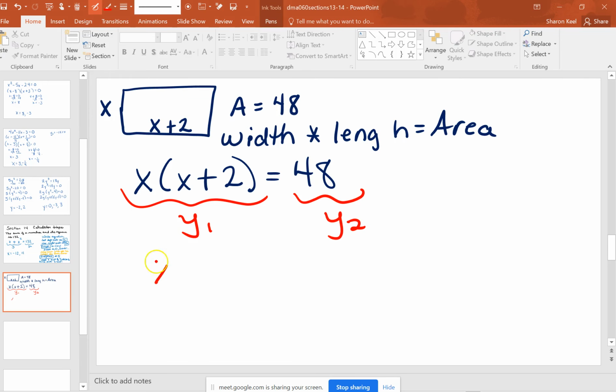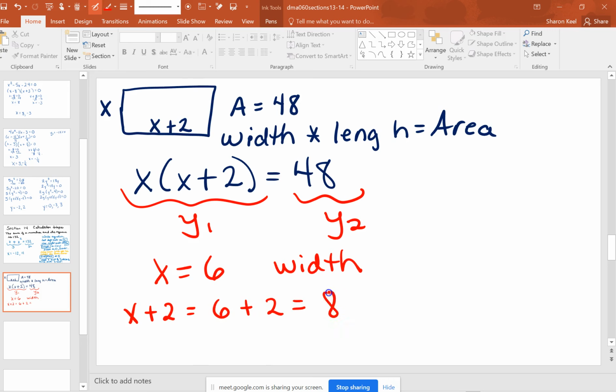So when I come back here, X equals 6. So 6 is going to be the width. X plus 2 means 6 plus 2 would give me 8. 8 is the length. And if you check your work, isn't 6 times 8 equal to the 48?